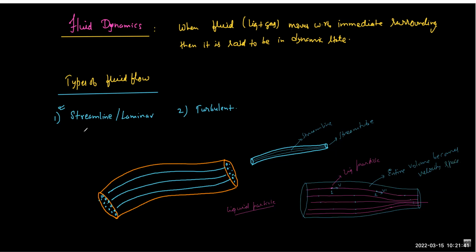So in streamline flow, velocity becomes a property of space, and every coordinate of space will have a well-defined velocity.